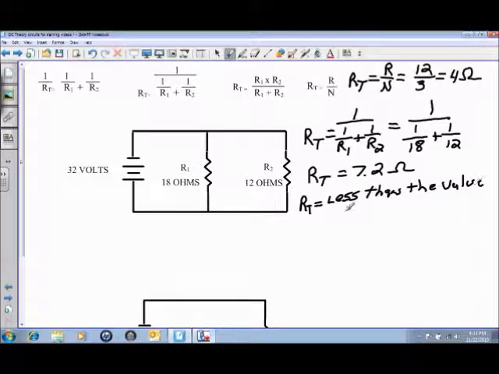In the circuit that we have here, the smaller of the two resistors is 12 ohms. Your total resistance cannot be larger than 12 ohms. If it is, the calculation was not done correctly. So let me finish that: less than the value of the smallest resistor.